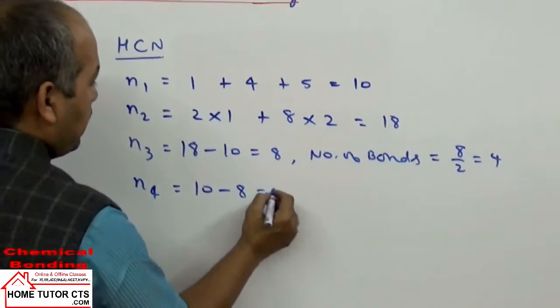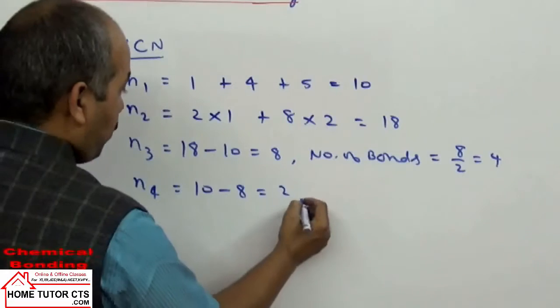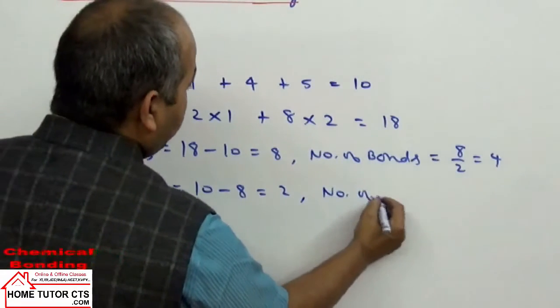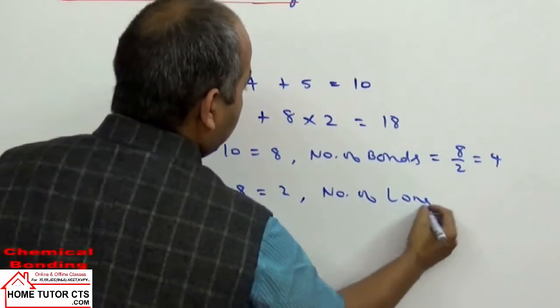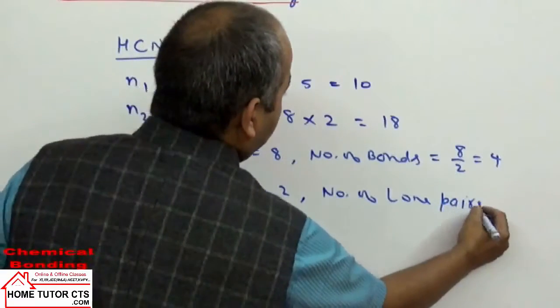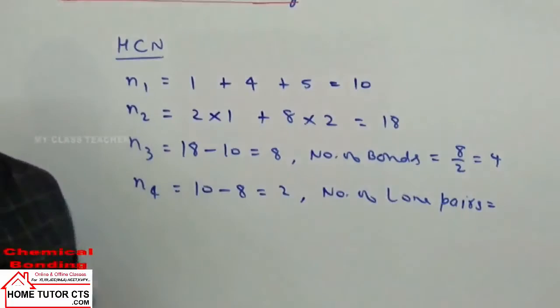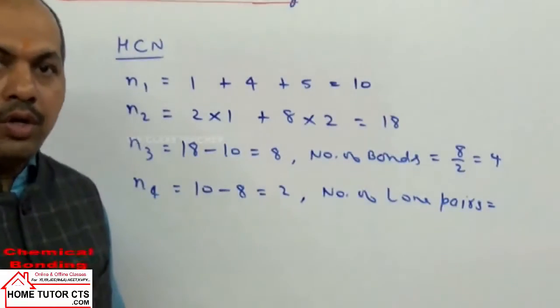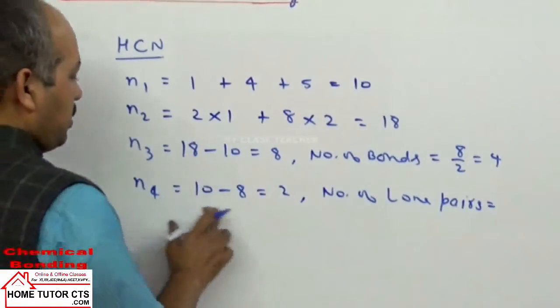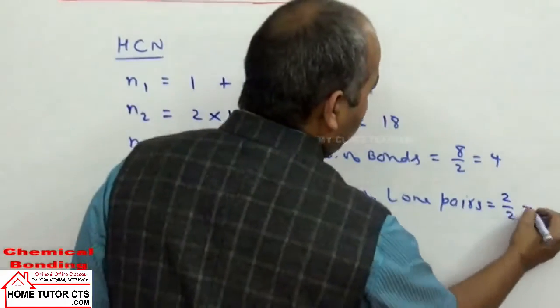N3 is 8, so N4 is 2. This is the number of non-bonding electrons, so the number of lone pairs is 2 by 2, which is 1.